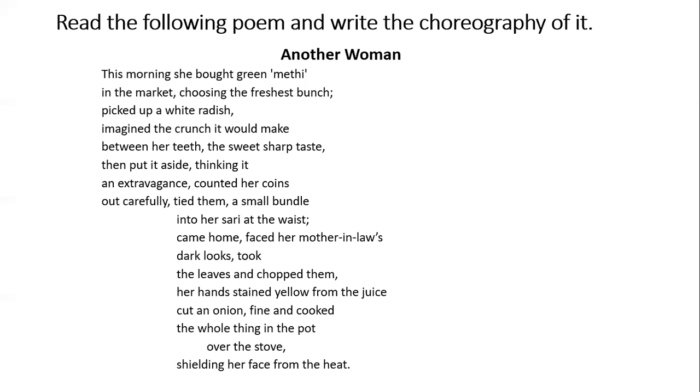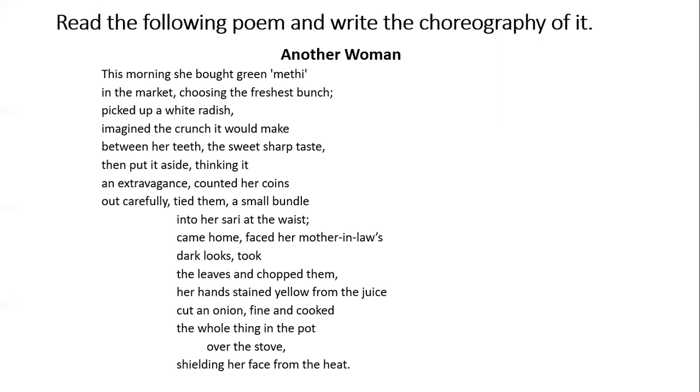This morning she bought green leaves in the market. Choosing the freshest bunch, picked up a white radish. Imagined the crunch it would make between her teeth, the sweet, sharp taste. Then put it aside, thinking it an extravagance.